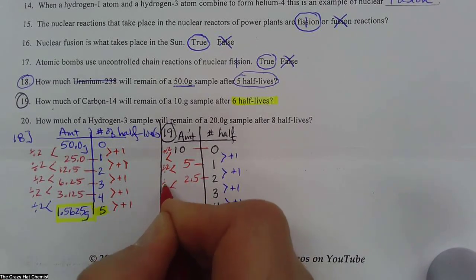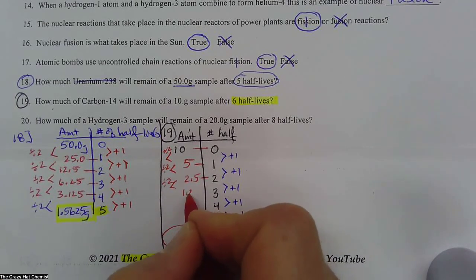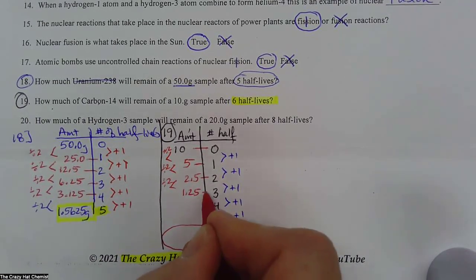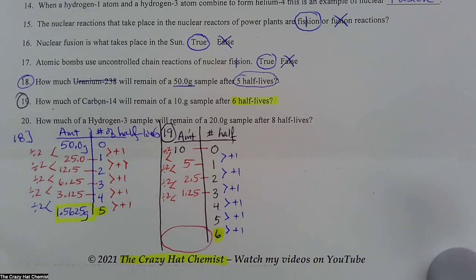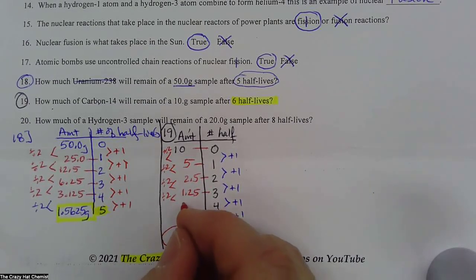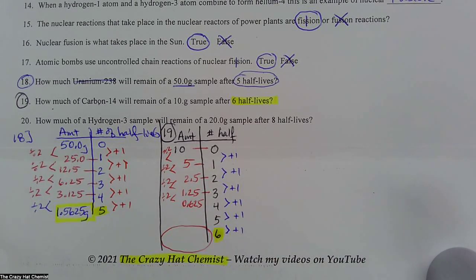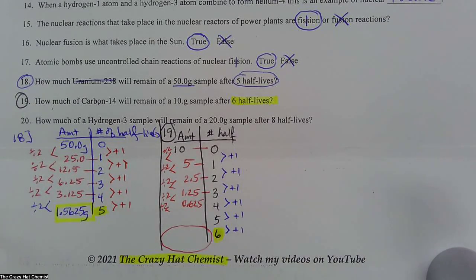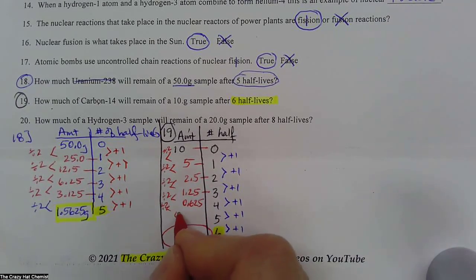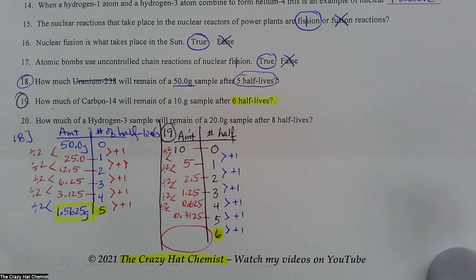I'm going to divide by 2 again, and I'm going to get 1.25 grams. That's at 3 half-lives. I'm going to divide that by 2 again, and I get 0.625 grams. I'm getting closer. Divide by 2, and I get 0.3125 grams, and that's at 5 half-lives.